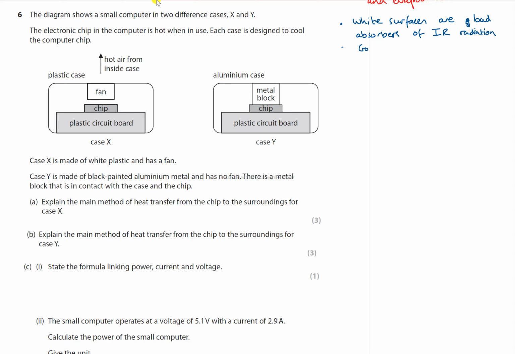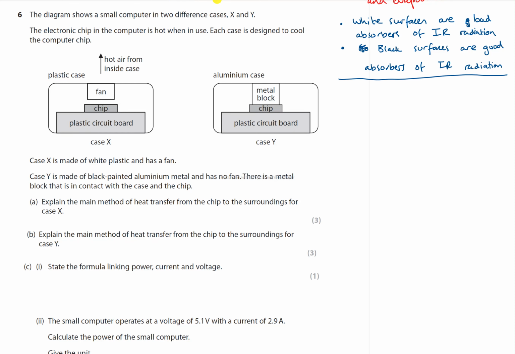Right, okay, and we now need to put on the other side. Black surfaces are good absorbers of infrared radiation and also the good emitters, on the other side. So we know that.